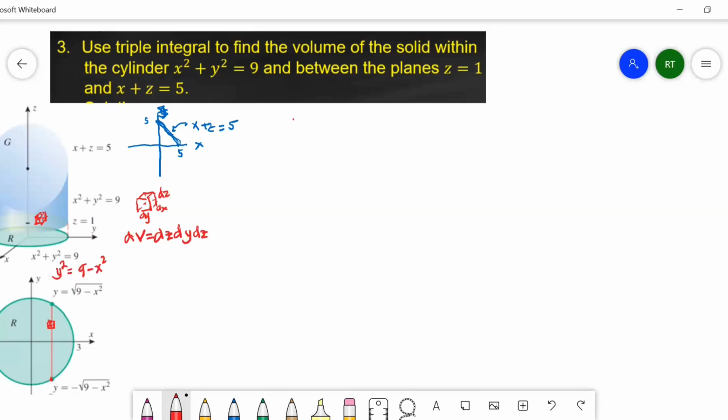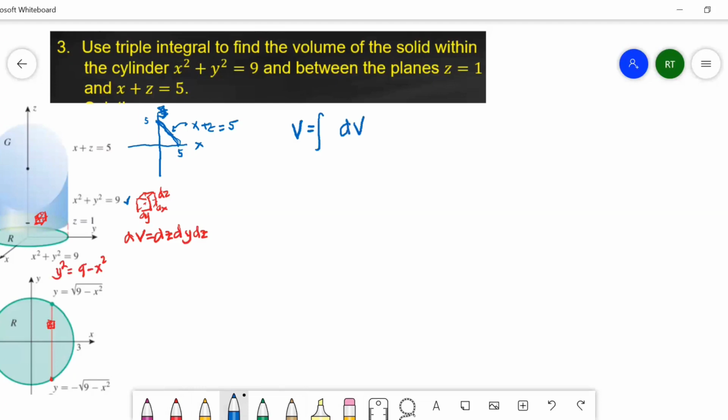Hence, if we will get the volume of the box, the volume is equal to the differential of v.